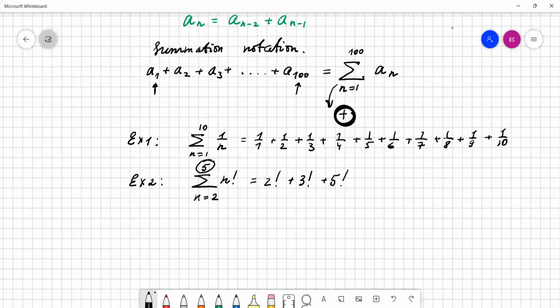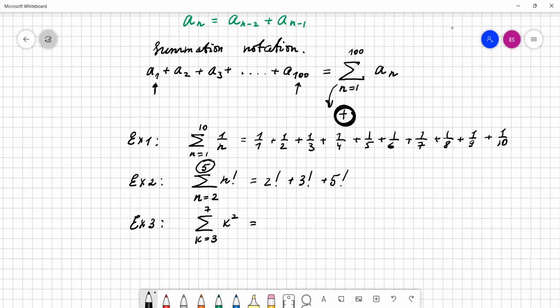Another example of sigma notation is sigma from k equals 3 to k equals 7 of k squared. Again, the letter in the sigma is not important, it doesn't matter what you call it.